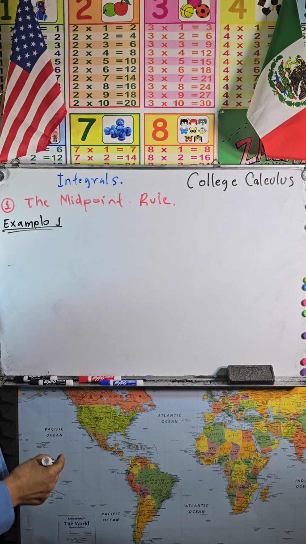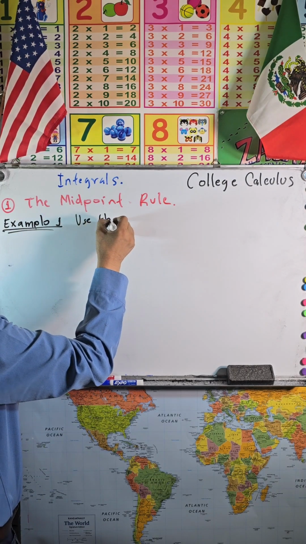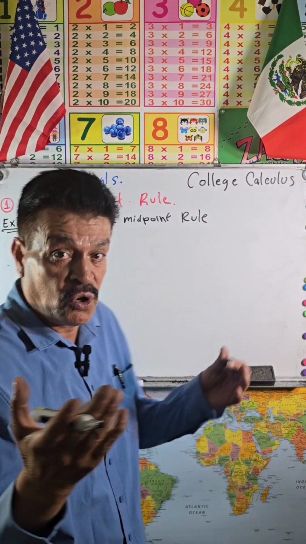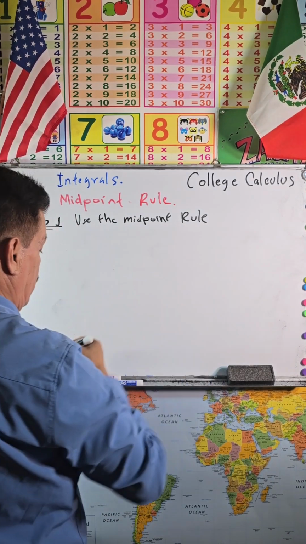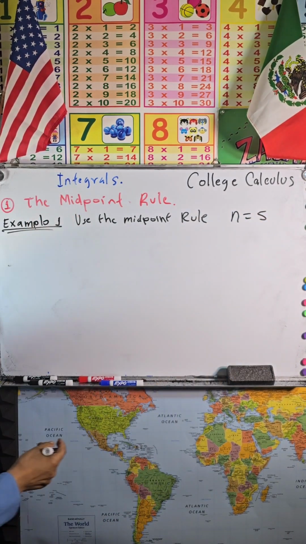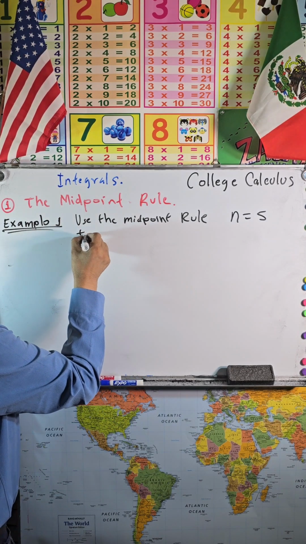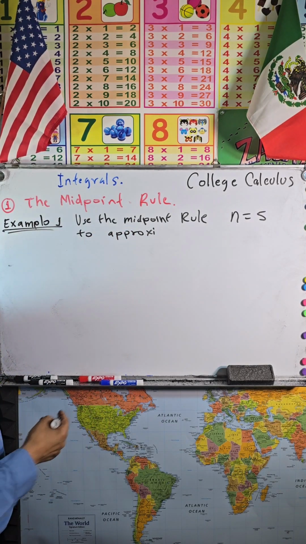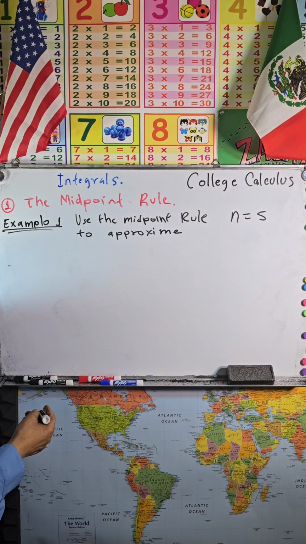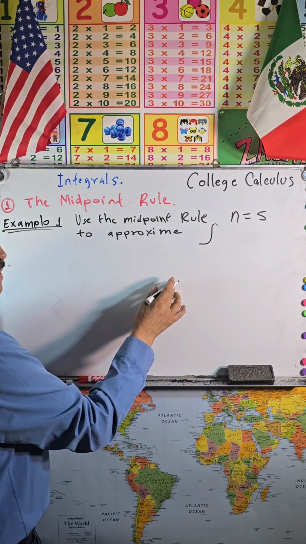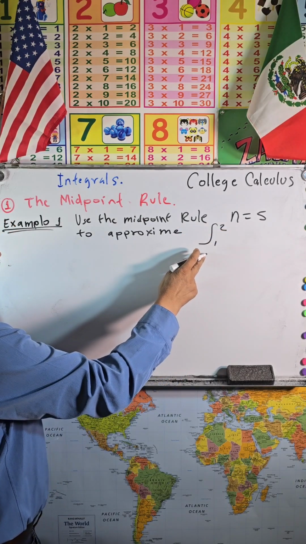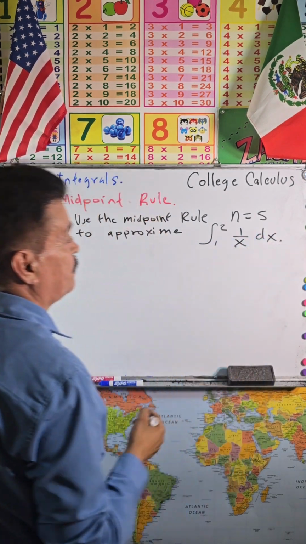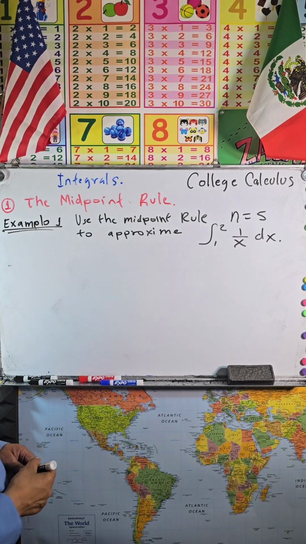Use the midpoint rule, the formula I showed you, with n equals 5 to approximate the integral from 1 to 2 of 1 divided by x dx. Right? That's the problem.